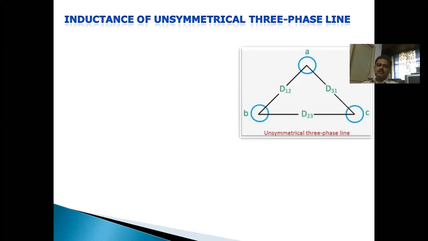In that case, if we assume it in this fashion, the distance between A and B is D12, the distance between these two is D23, and the distance between A and C is D31 or D13. Whatever it may be, the distance between any two conductors is entirely different.